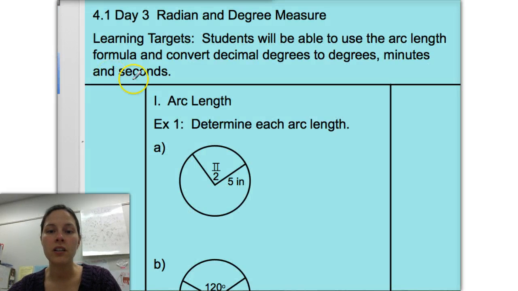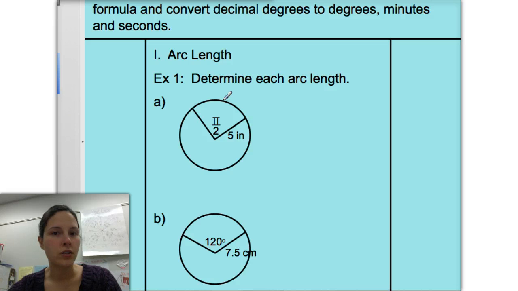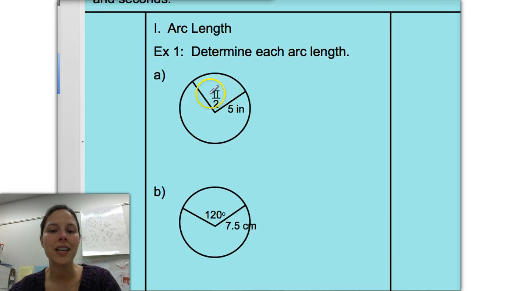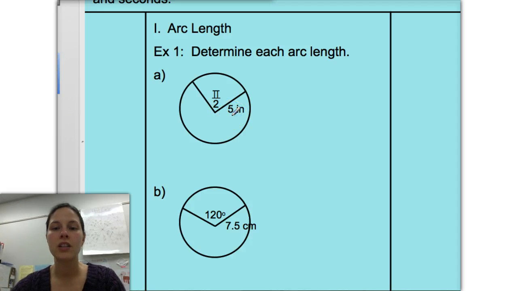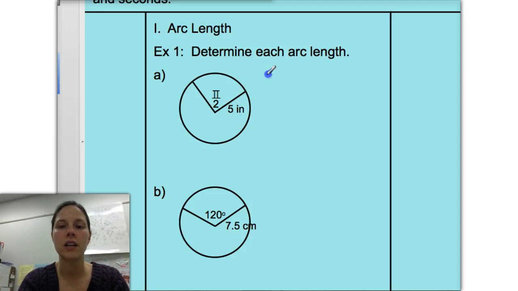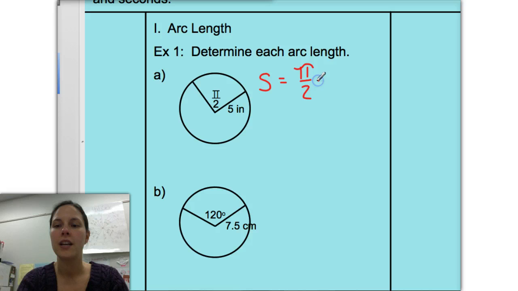So starting off with arc length, first we're going to do the simple formula. We're given the measure of the central angle in radians. We know the radius, so we get to just multiply those two values together to get the arc length. So we have the measure of the central angle, pi/2, times the radius. I would like you, if it's possible, to give the arc length in an exact form.